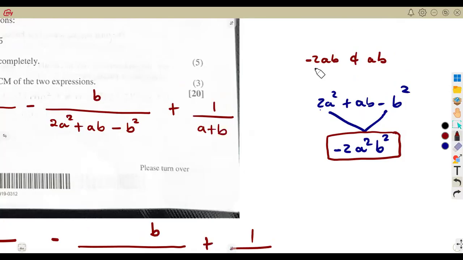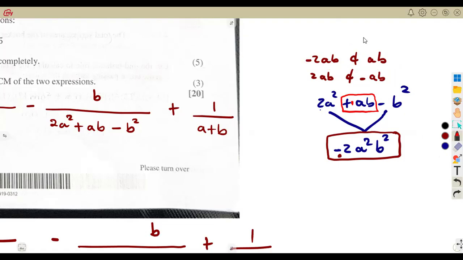One is supposed to be negative, another one positive, or 2ab and minus ab, because the product here is a negative. But we need a condition that when we add, we are supposed to obtain this middle term, which is AB, same as 1AB.